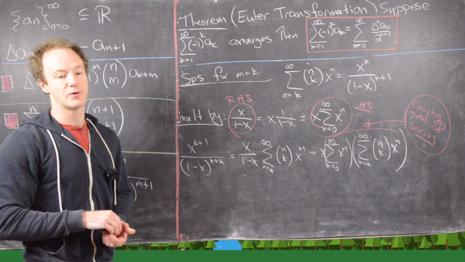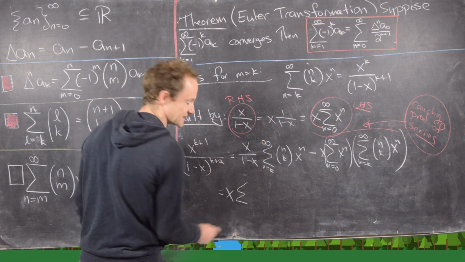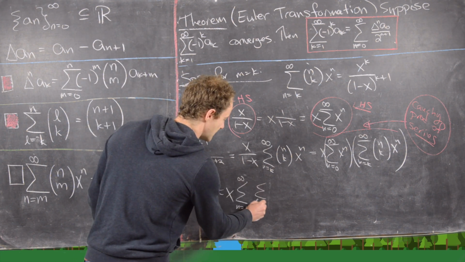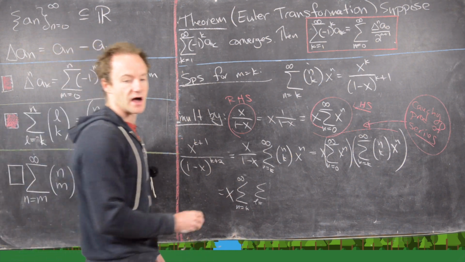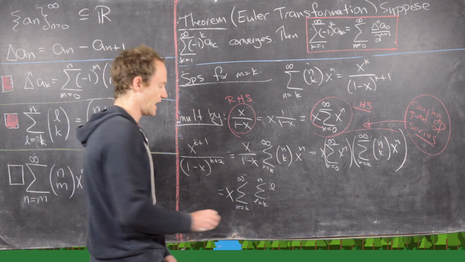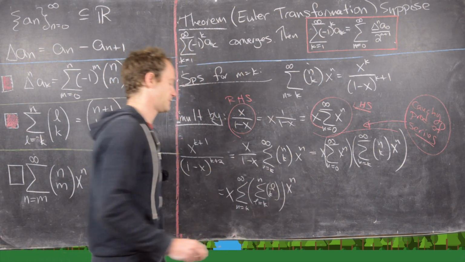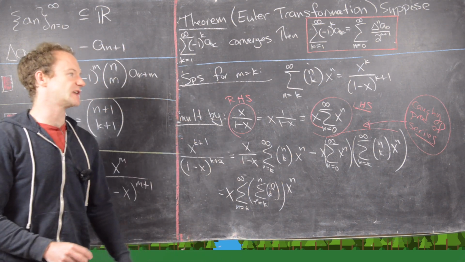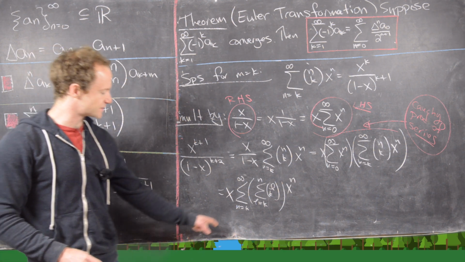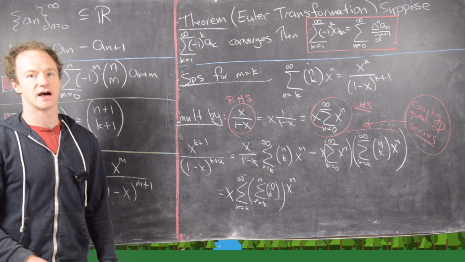What you'll end up with in the end is that this is equal to x times the sum n equals k to infinity of the sum L equals k to n of L choose k times x to the n. So that's what you get when you take this product of infinite series. Notice we get an infinite series on the outside and a finite series on the inside.